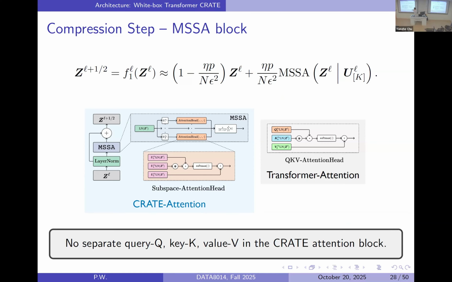The details are like this. At the l-th step, the transformer block at the l-th step, the input is Z^l. First we do a layer normalization, then it goes to this multi-head self-attention. This is the residual connection here. And inside the multi-head self-attention block, it consists of the operators here.